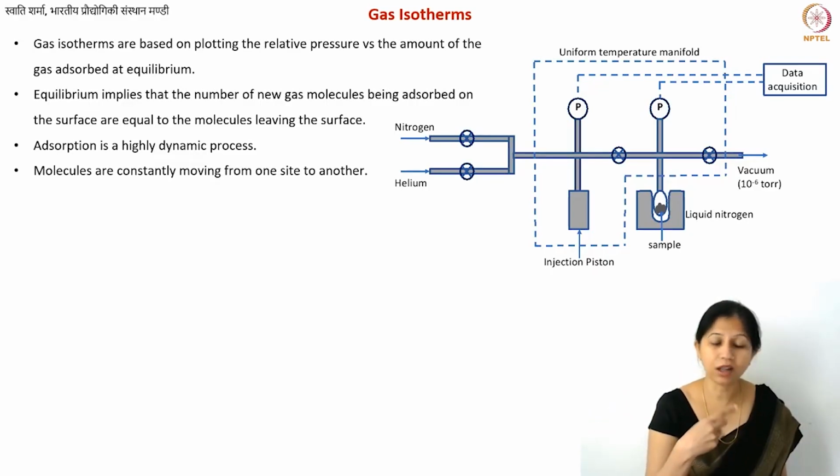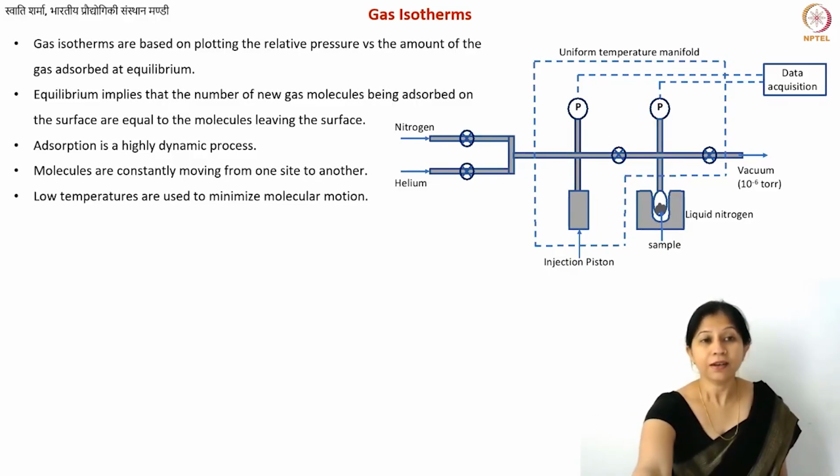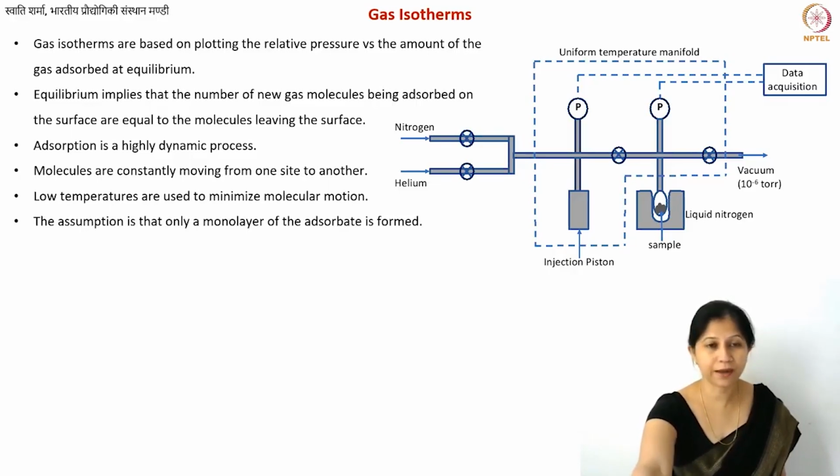Although they will not form chemical bonds with the inert gas at that given temperature, there can be some sites that are more active than the others. So there may be some sites which are more open to adsorbing something than the other sites. So the values that you will get are not necessarily accurate. Okay, fine. So we use low temperatures, of course.